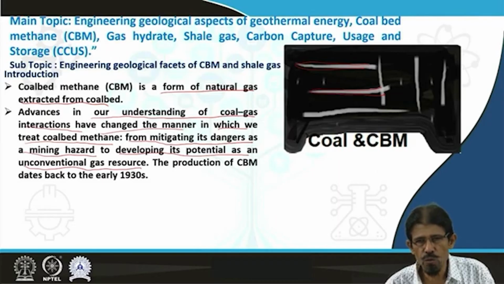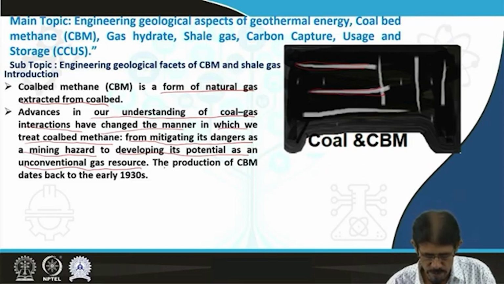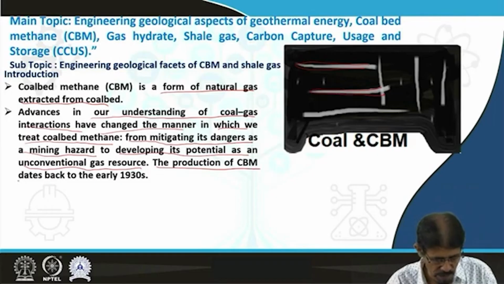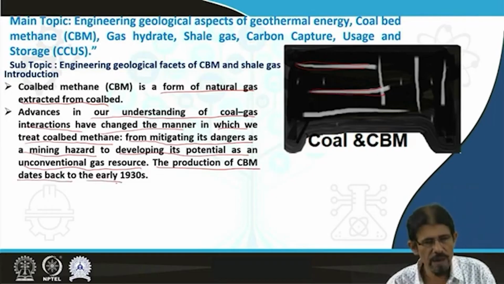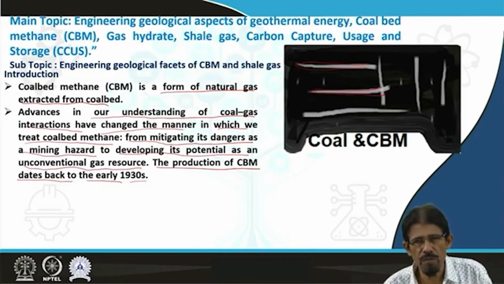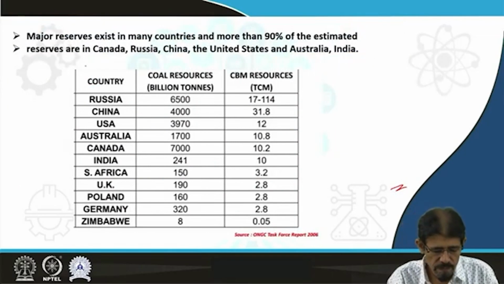So, we get two benefits from the extraction of CBM from coal bed. The production of CBM is reported to date back to the early 1930s. So, people have attempted to extract this minor hazard, CBM, profitably.